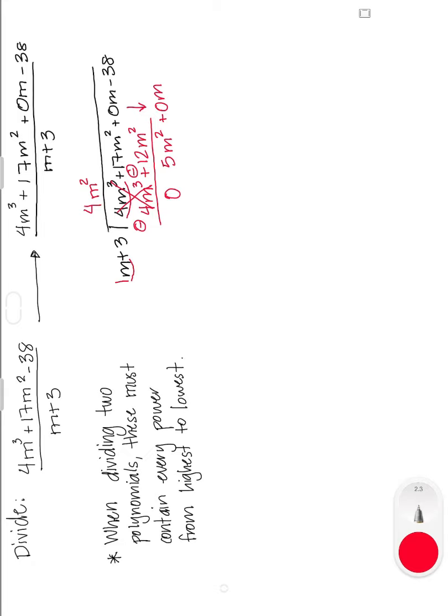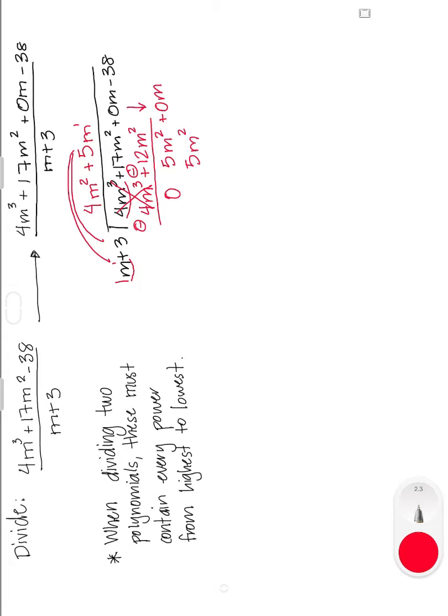Because we have m squared here, and we have m to the first power, we know that we only need 1 more m. And now it's a positive, so plus m to the first power, and then 1 times 5 gives you 5. So we're going to multiply 5m times m, and then times 3.